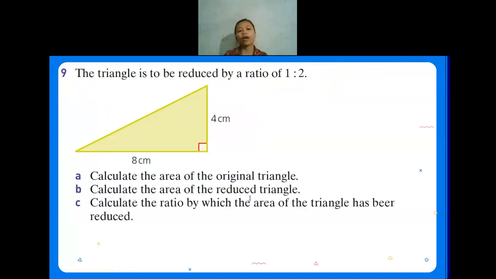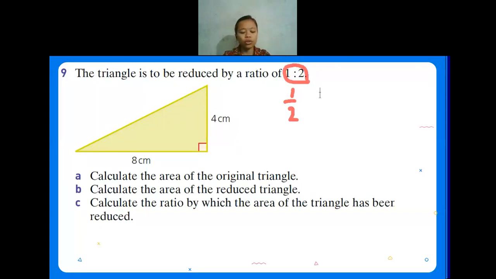Here, we have a triangle. The base is 8 centimeter. The height is 4 centimeter. For question 9, the triangle will be reduced using the ratio 1 to 2. If it is 1 to 2, when we change it into a fraction, it will be 1 per 2. So for the new dimension, we do 1 per 2 times 8 and also 1 per 2 times 4.